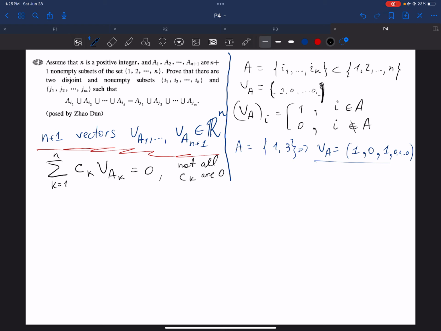So now let's collect the positive CKs on the left and the negative CKs on the right. So we get the following equation.